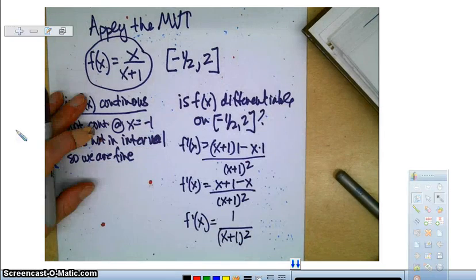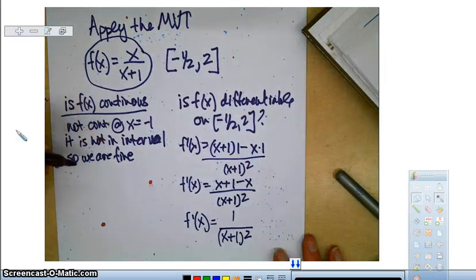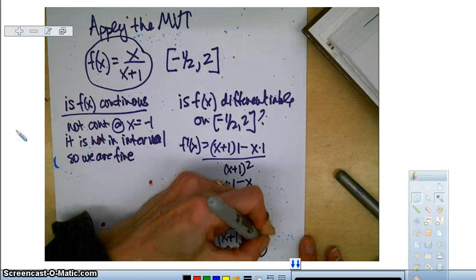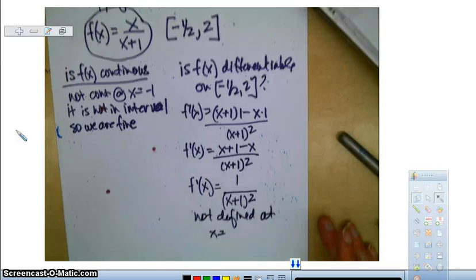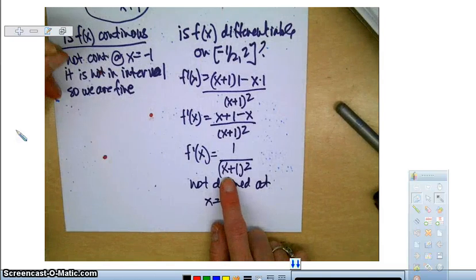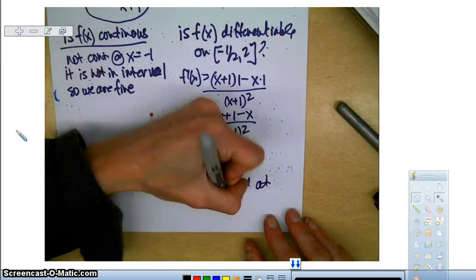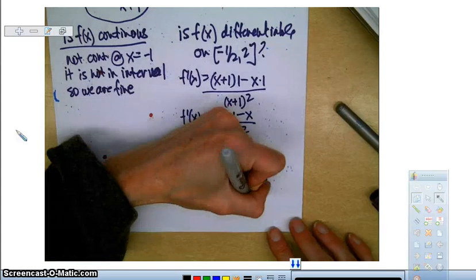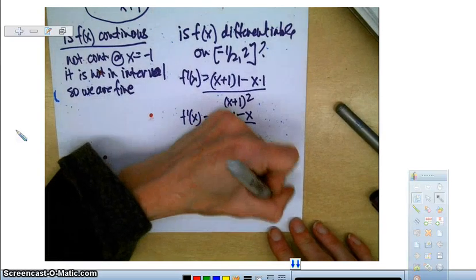Is there any place where that is not defined? Not defined at x equals what? What number can't you put in for x? You'll get 0 on the bottom if you do. -1. But we're still okay, right? Not in the interval.